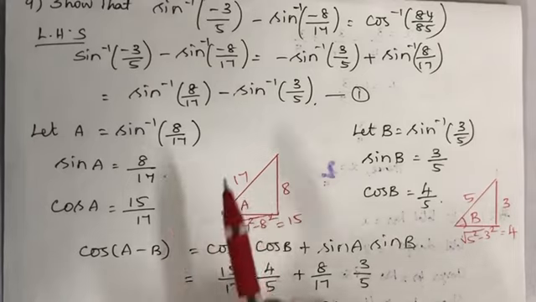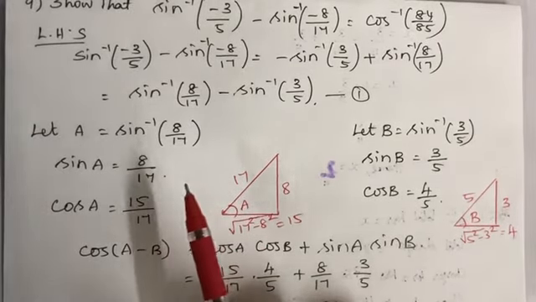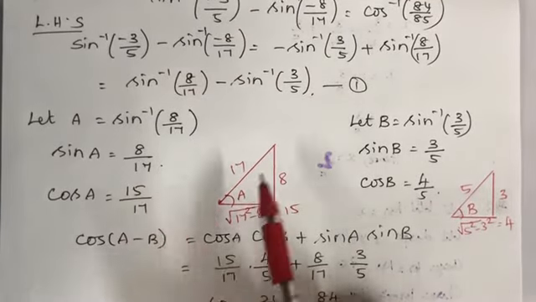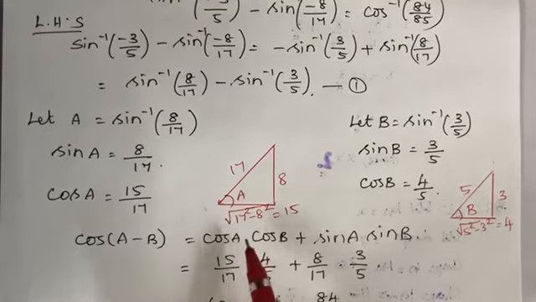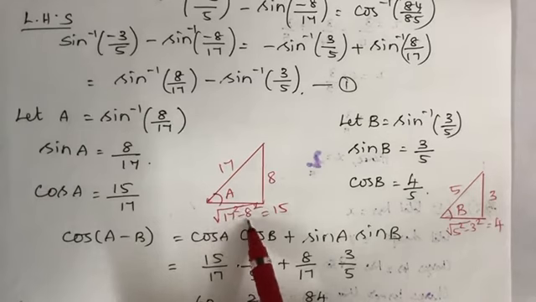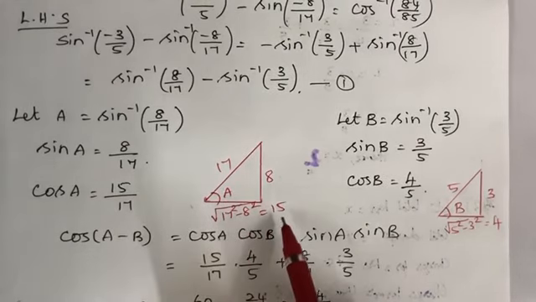As we know, if we have these two values, we can find the other ratios, isn't it? So, sine A is 8 by 17. So, the opposite by hypotenuse is 8 by 17. Now, we can find the adjacent, that is square root of 17 square minus 8 square. That is our 15.